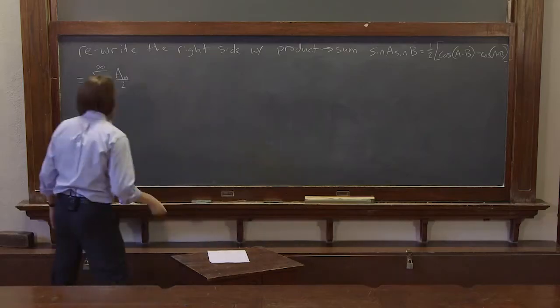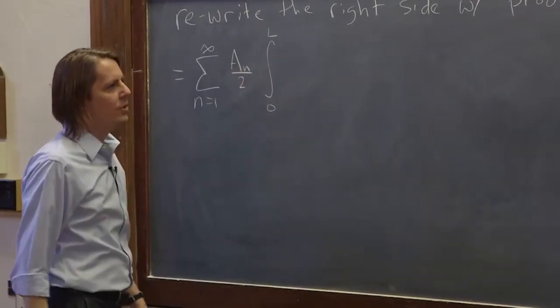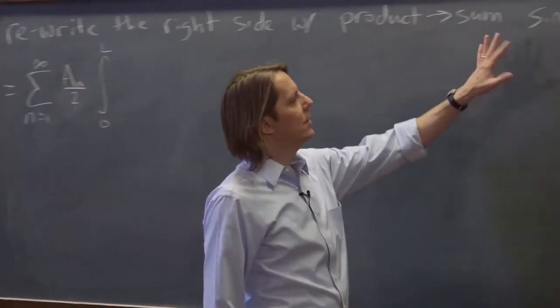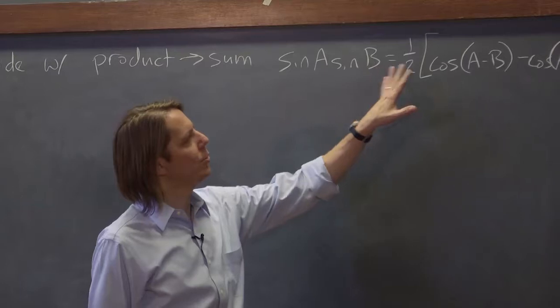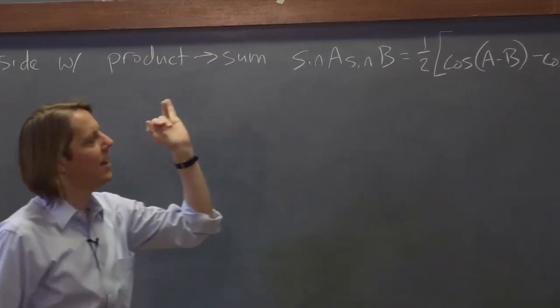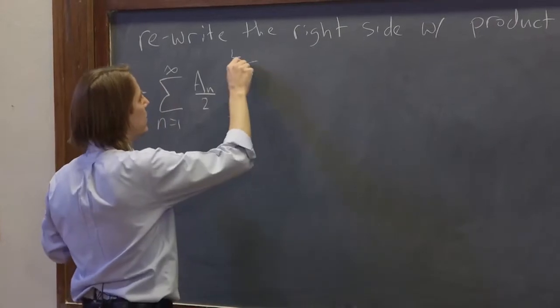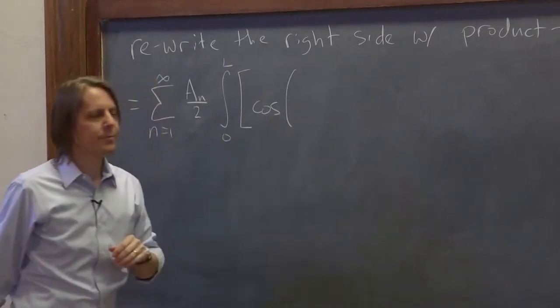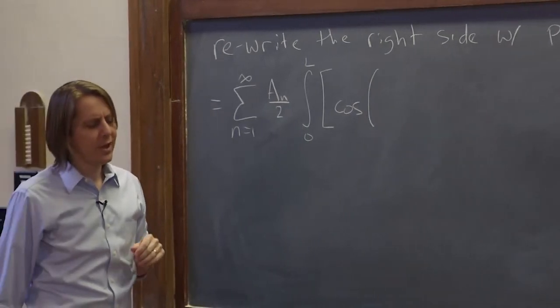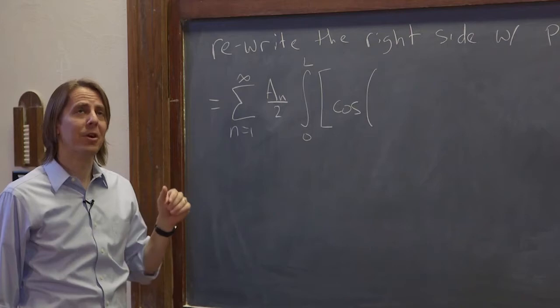And now we integrate from 0 to L, just like we were told. And instead of sine n pi over L x, sine n star pi over L x, we're going to go with this part. So we've already used the half, that's already come out. So we just have cosine of something. The cosine, it's A minus B, so it's n pi over L x minus n star pi over L x.